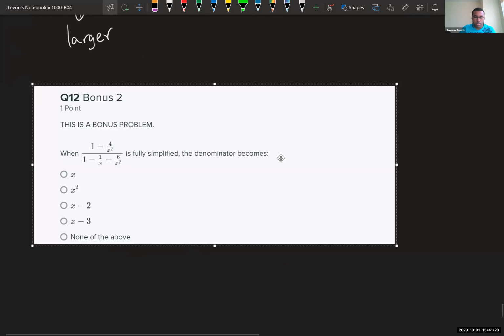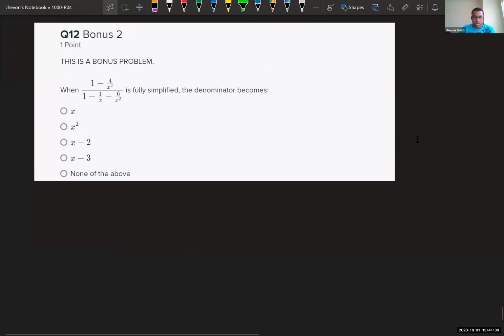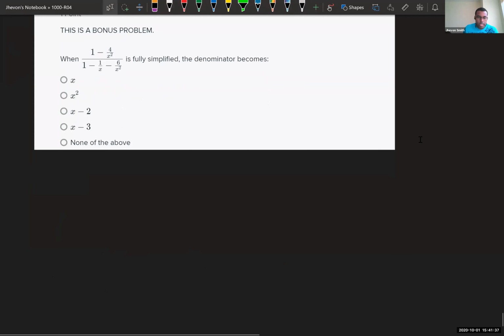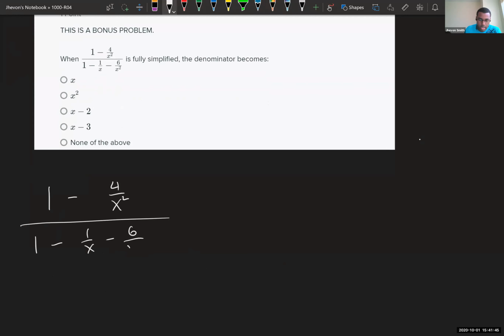Final problem. Right, so I have 1 minus 4 over x squared, over 1 minus 1 over x minus 6 over x squared. What do we do?